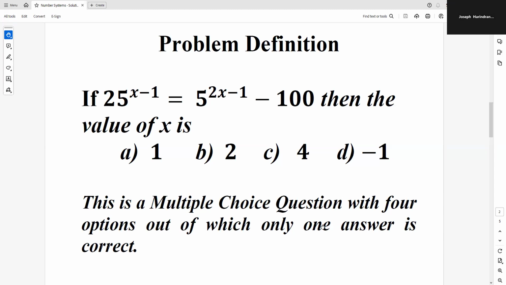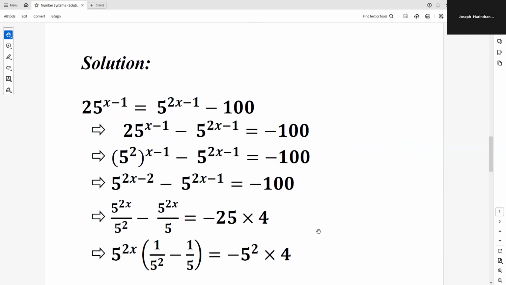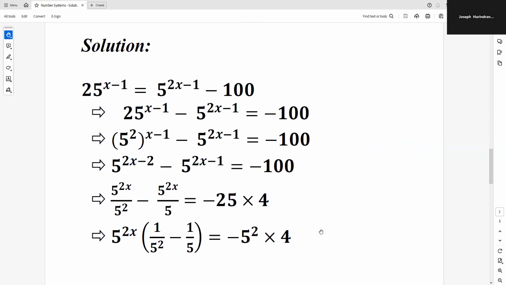Let us go to the solution now. Here's the solution. First of all, we write the question again. 25 power x minus 1 is equal to 5 power 2x minus 1 minus 100. Now, as per the rule for solving any equation, we have to transfer the variables to one side.